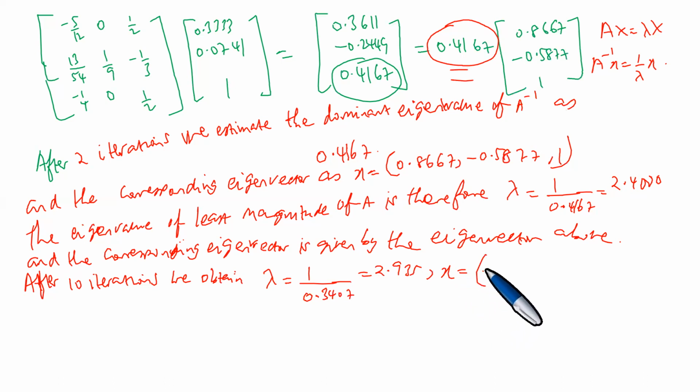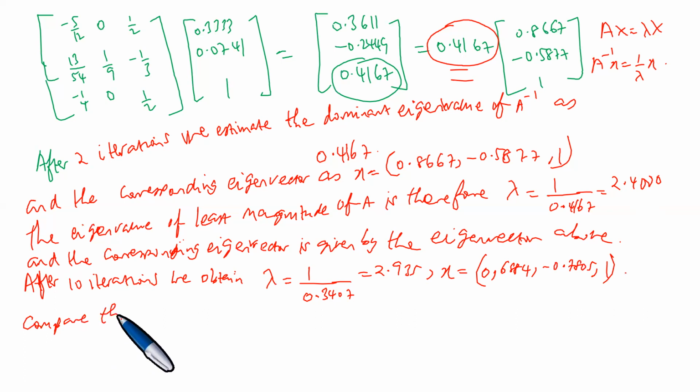So it's 0.6884, 0.7805, 1. Compare this with the result.